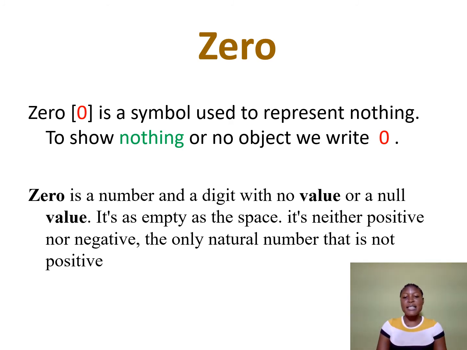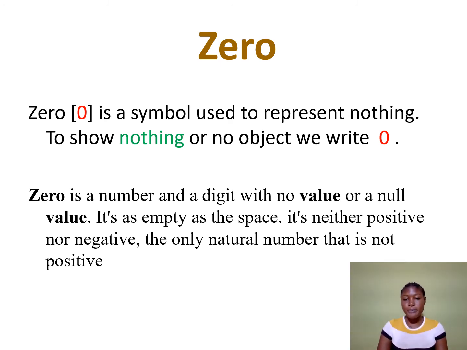Also, it's as empty as space. I hope you know what space is: a place where there is nothing. It's neither positive nor negative, because it has no value and doesn't affect any number when it is added or subtracted.